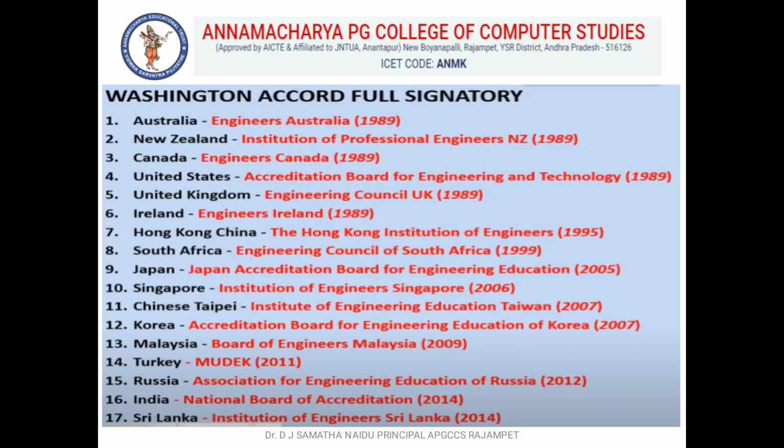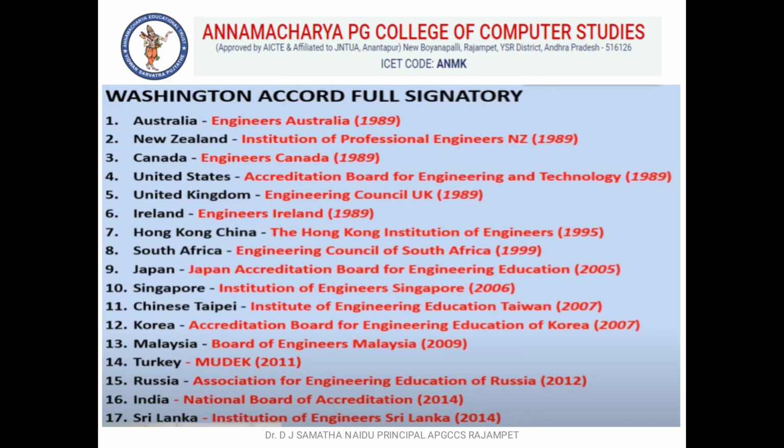Australia, Engineers Australia, in 1989, and New Zealand, Institution of Professional Engineers, in 1989. Canada, Engineers Canada, in 1989, the United States, Accreditation Board for Engineering and Technology, in 1989, and Ireland, Engineers Ireland, in 1989. In the same way, Hong Kong, China, South Africa, and Japan.